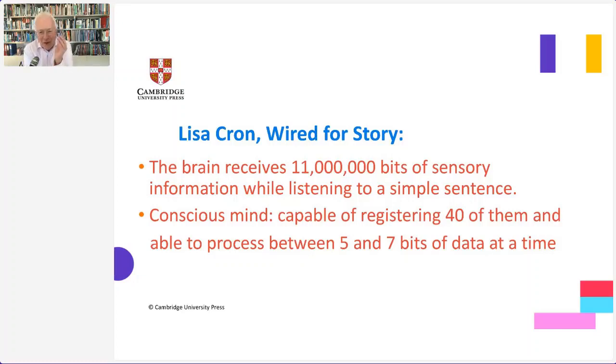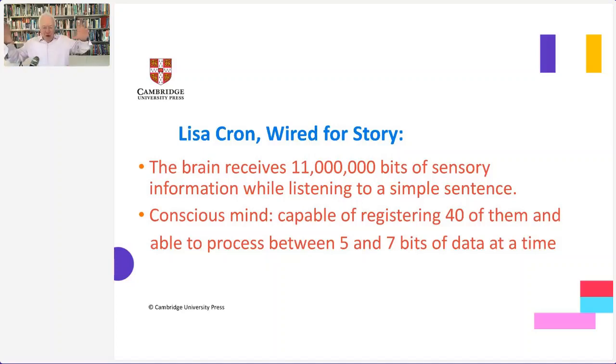The brain receives 11 million bits of sensory information while listening to a simple sentence. And this is enormous. While the conscious mind is capable of registering only 40 of them and able to process between 5 and 7 bits of data at a time.